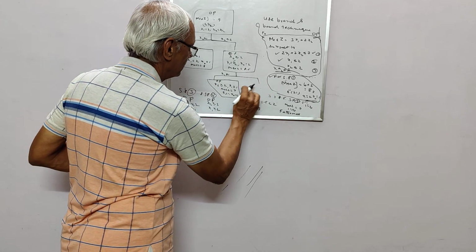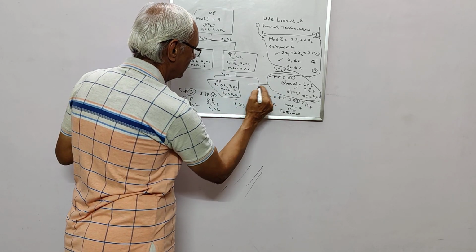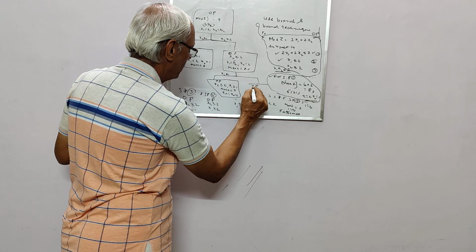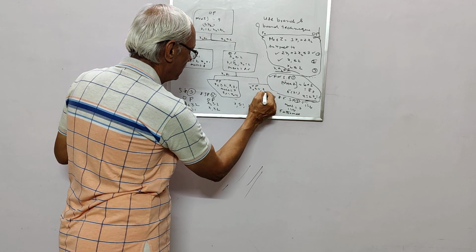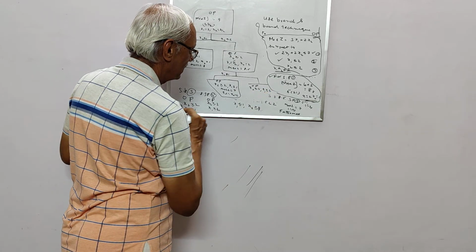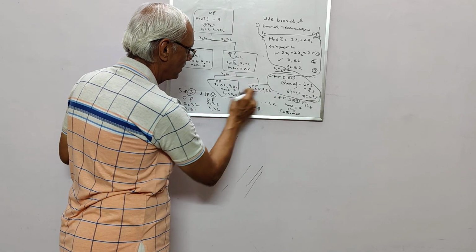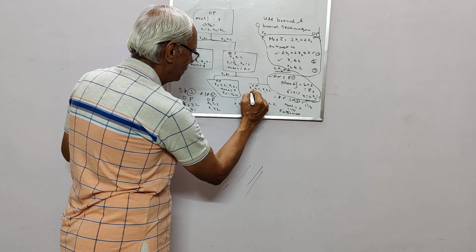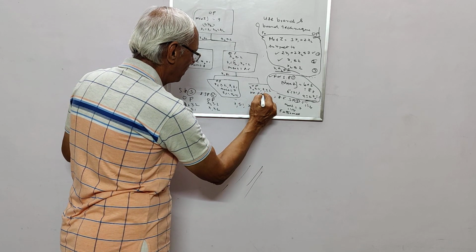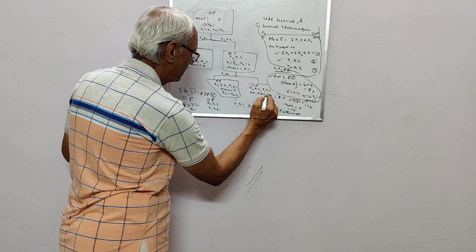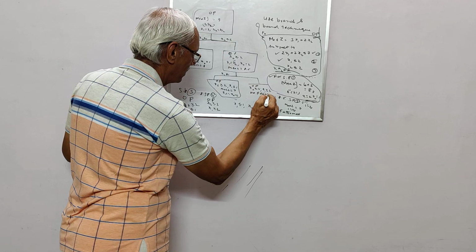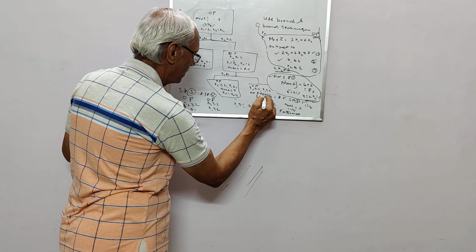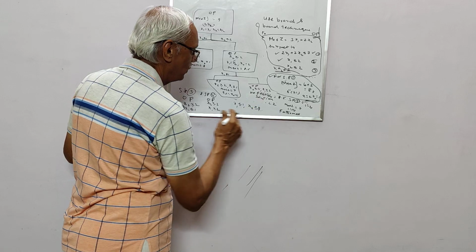Coming to this, original problem, x2 greater than or equal to 2, x1 greater than or equal to 1, then this is no feasible solution.